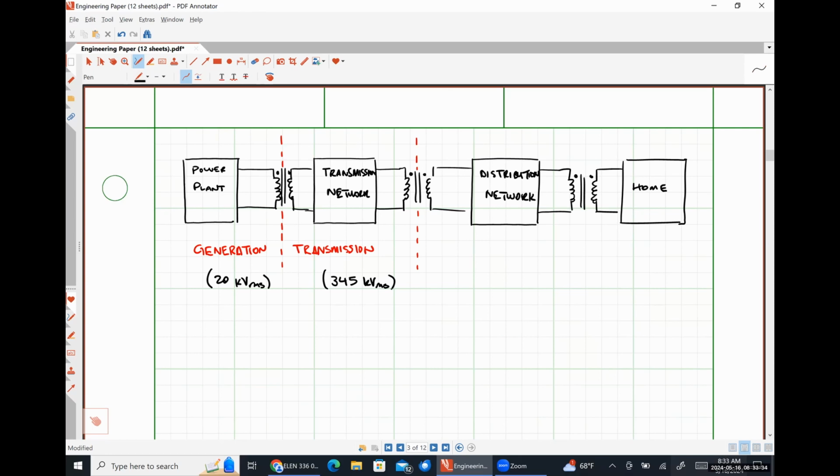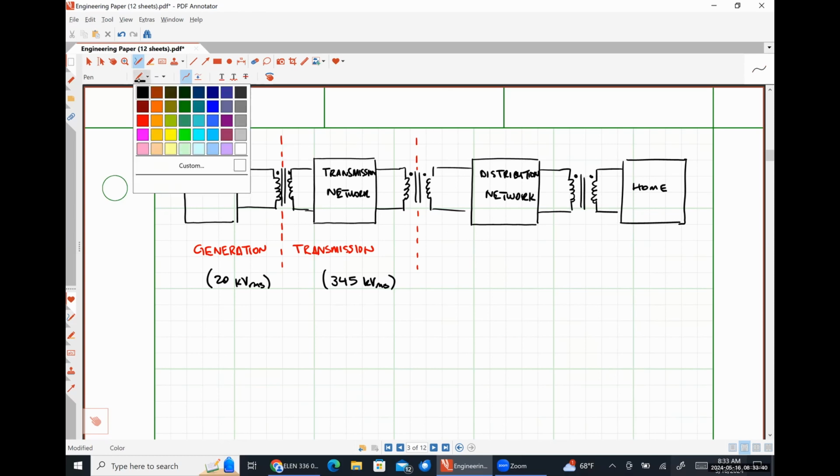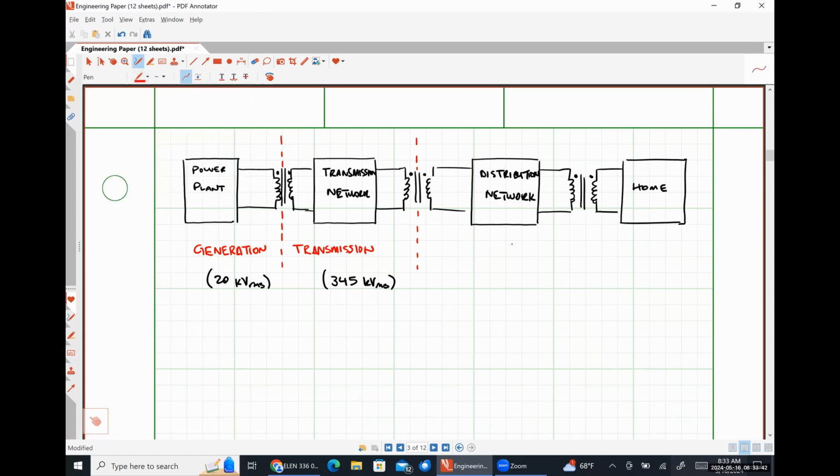Then we hit our substation, which is what this next transformer is really representing. And then we're on the distribution side of things. And the connection to our home also falls under the umbrella of distribution from the electric utility's standpoint.